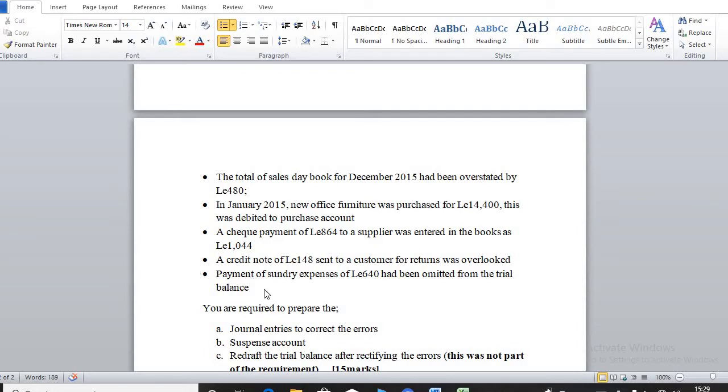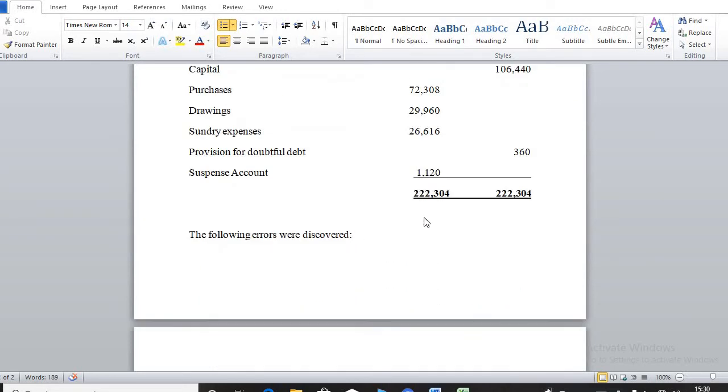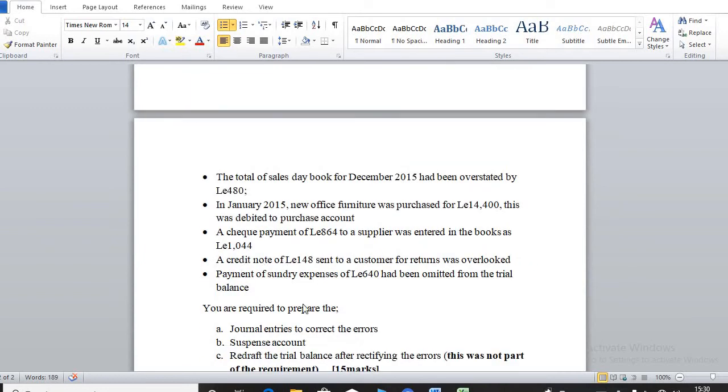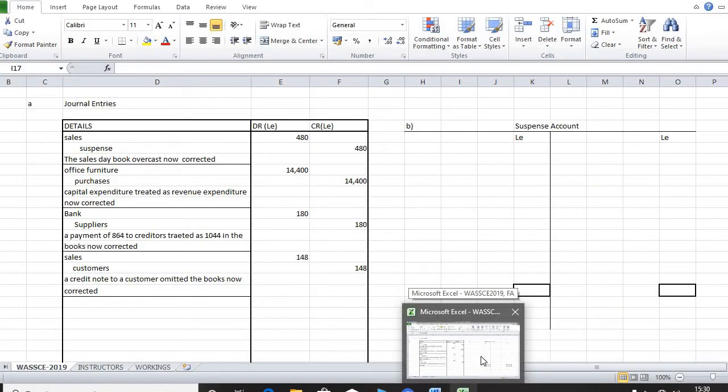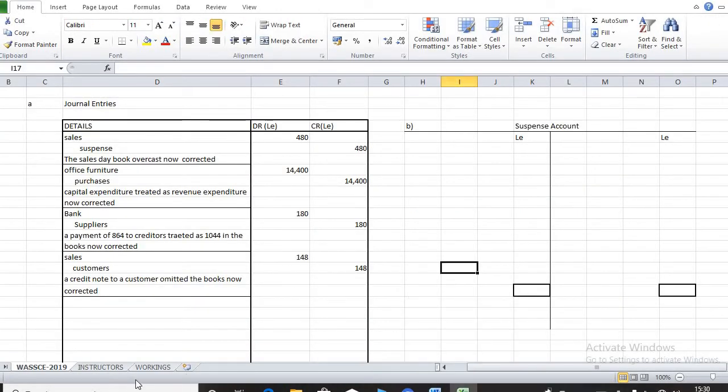So the accounts here are the suspense account and the sundry expenses account. Expenses have a debit balance, so to reinstate the account, we debit the sundry expenses account, then we credit the suspense account.